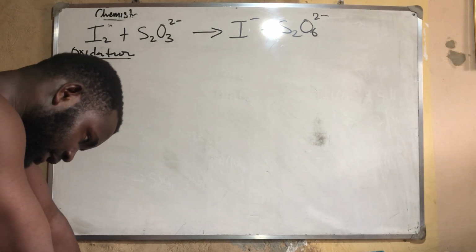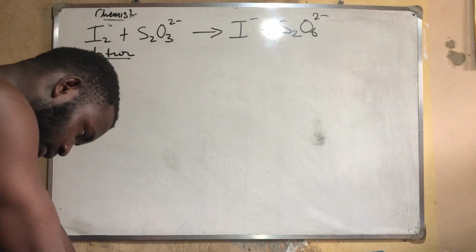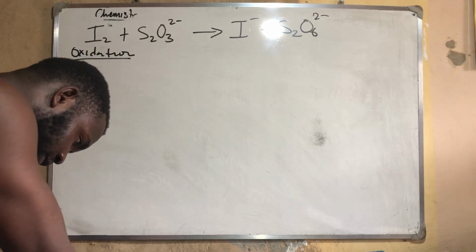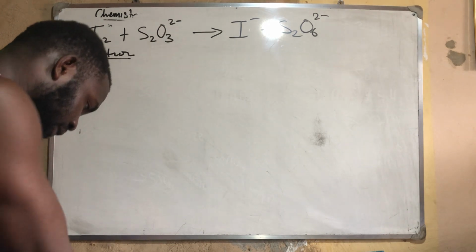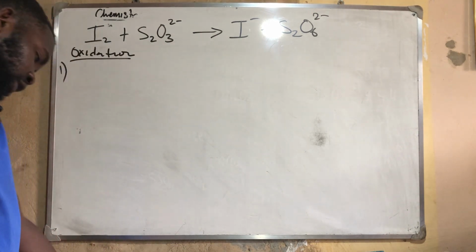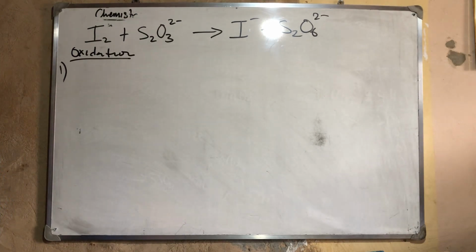Number six, increase in oxidation number. Number seven, positive oxidation charge. So these are the seven summary points of the definition of oxidation. Then for reduction: loss of oxygen, gain of hydrogen, loss of non-metal, gain of metal, gain of electron, decrease in oxidation number, and negative oxidation charge.